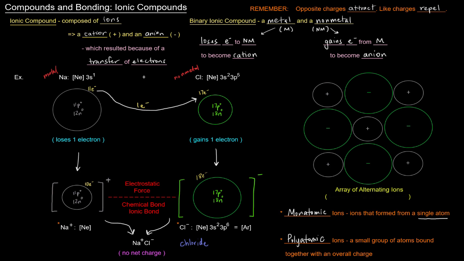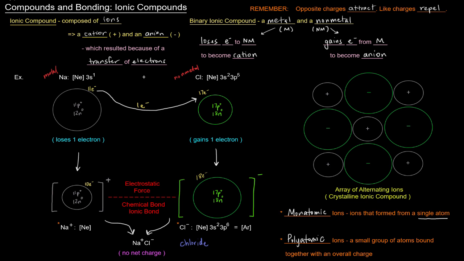Where these gray positively charged spheres, or circles, there should be spheres, are the sodium ions, and the green circles represent the chloride ions. And so notice that this would be one sodium ion and one chlorine ion, but that's not exactly what the NaCl ionic compound is. What it is, is a crystalline array of alternating ions. It's a crystalline ionic compound.